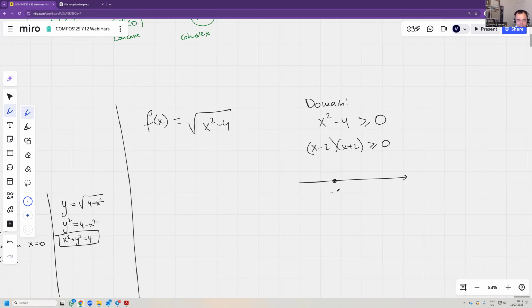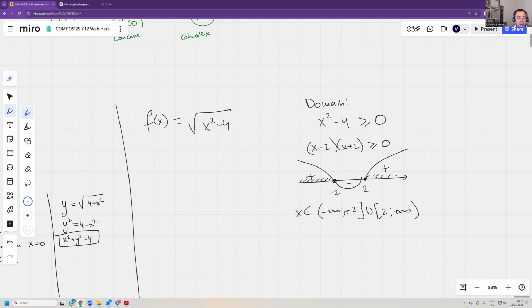So minus 2, 2, and that's positive, negative, positive. So we're interested in these values. So x takes values from minus infinity to negative 2, or from 2 to plus infinity.